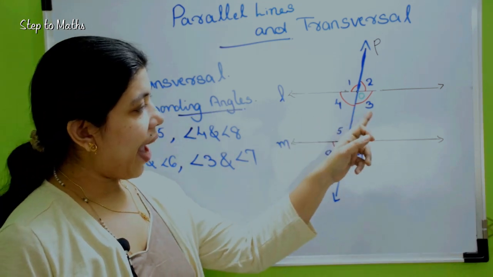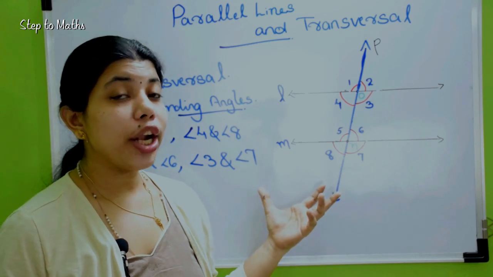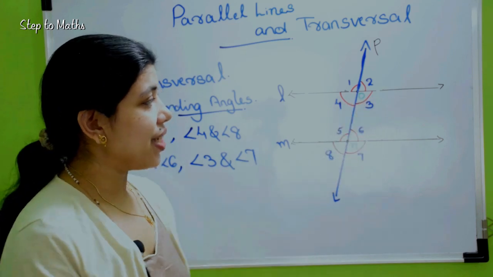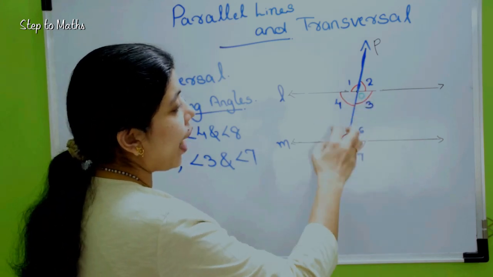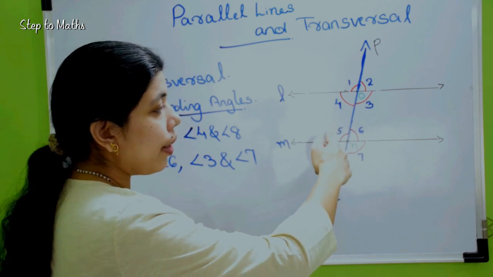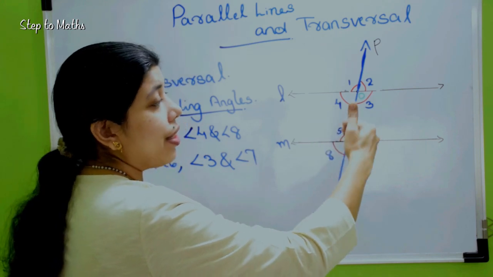Now consider the angles 3, 4, 5, 6. What is the speciality of these angles? These 4 angles are inside the lines, and angle 4 and 5 are inside the lines, they are on the same side.